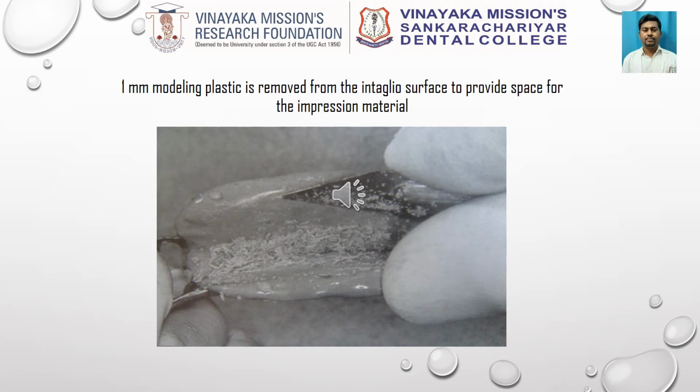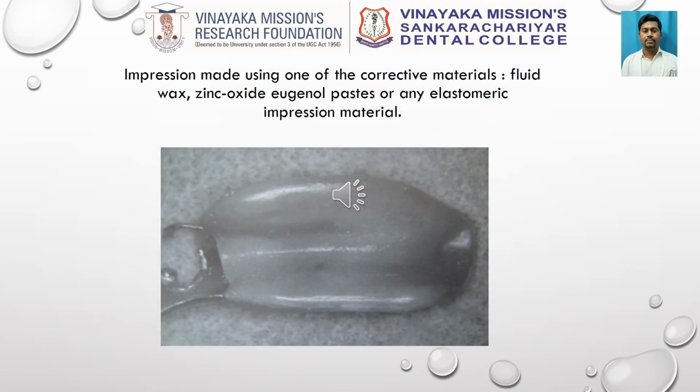This is to provide the space for the corrective material, and this scraping is usually done with a sharp BP blade. Most commonly used corrective materials are fluid wax, zinc oxide eugenol, or any elastomeric impression materials, but the material of choice is an addition silicone, and that too a light bodied addition silicone.